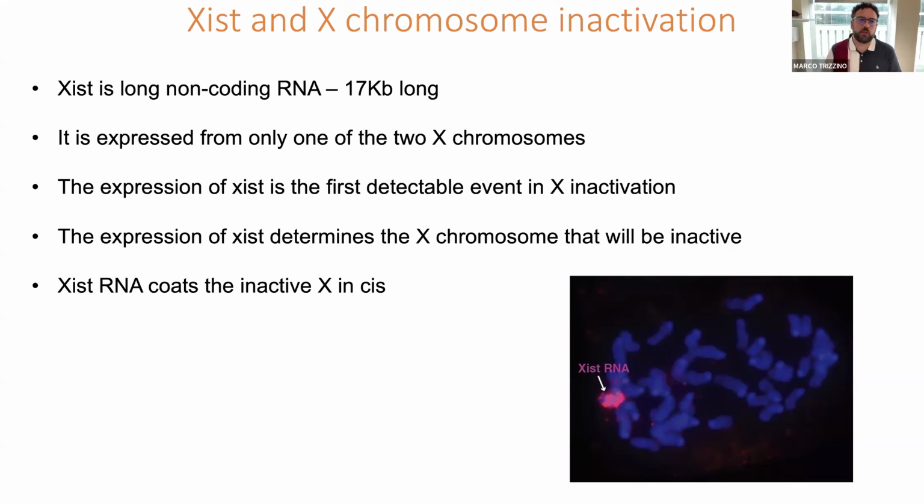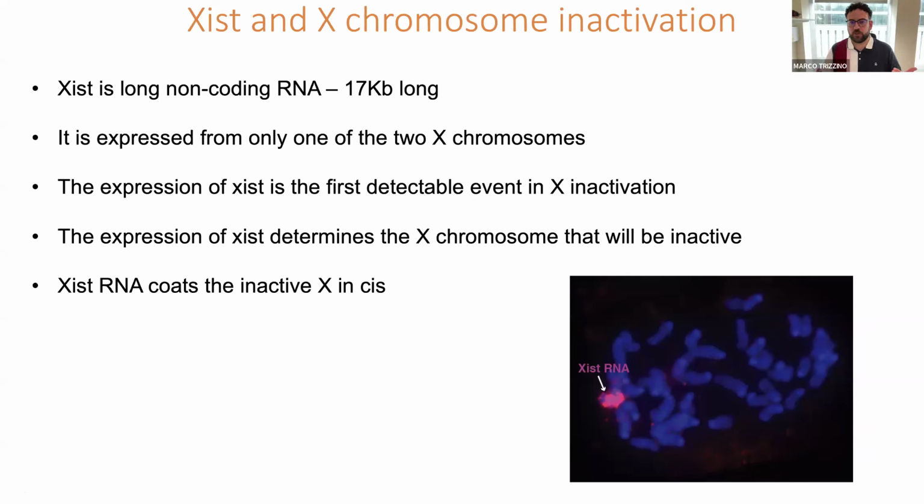And this repression is coordinated by this very important long non-coding RNA, XIST. This is a very long RNA, 17 kb long. And right after mitosis, right after cell division, this long non-coding RNA will be expressed by only one of the two X chromosomes.